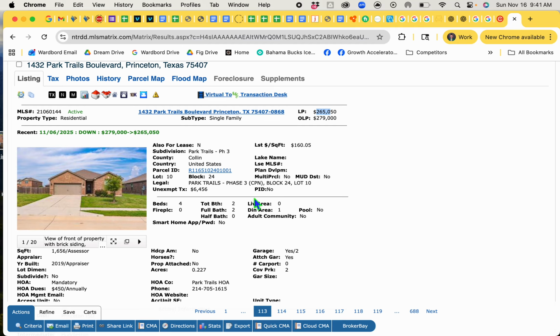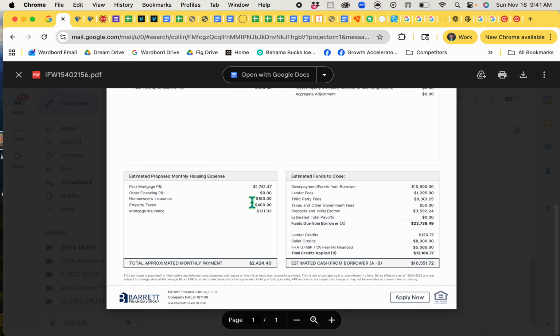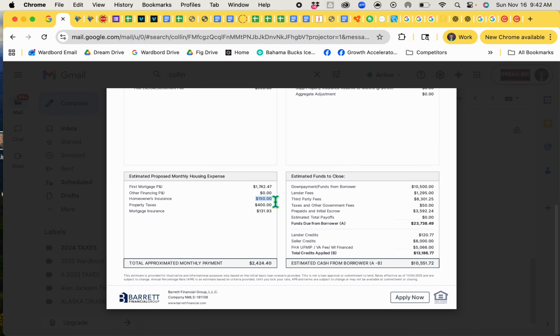If it's more than $1,800, let's say it were $2,200, and you divided that by 12, that's $183. So if you go back to this sheet, that would go up from $150 to $183 per month, which would increase your payment.